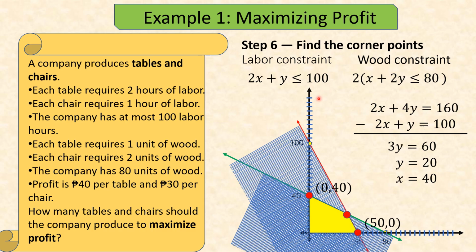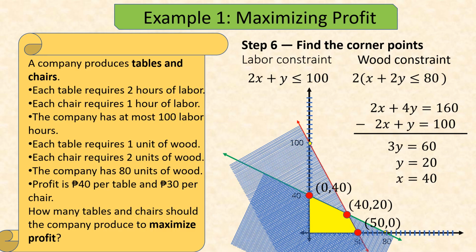So we have 2x equals 80. Then, since we're looking for the value of x, we will divide both sides by 2. So we have 80 divided by 2 is 40. So our x here is 40. So now you have the coordinate 40 and 20. Okay, the other corner point here is 0 and 0, but we do not need to include that.